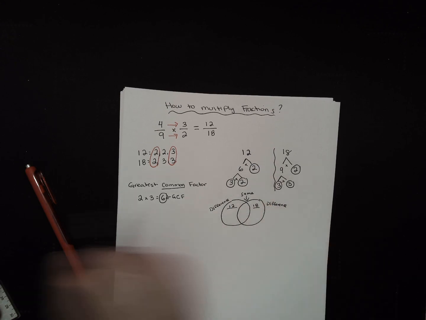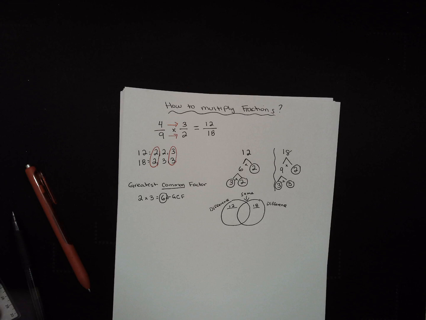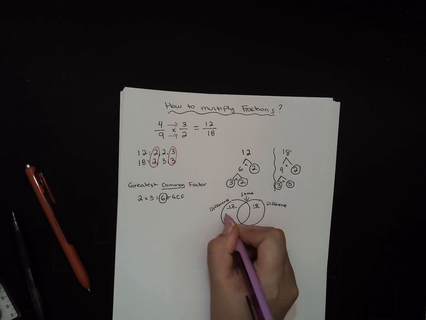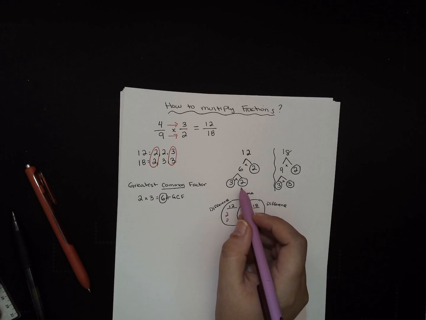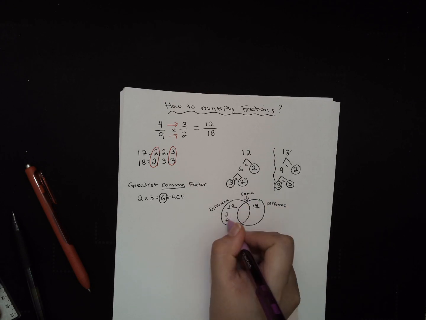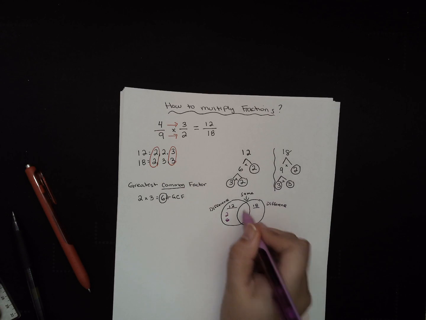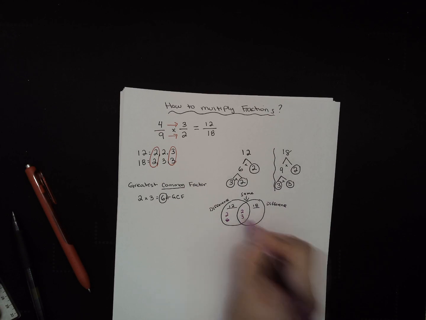And this is what they have in common. I'm going to use a different color. So for 12, my factors are 2, and then 2. Notice that these are in common, so I'm going to put 2 and I'm going to put 3.